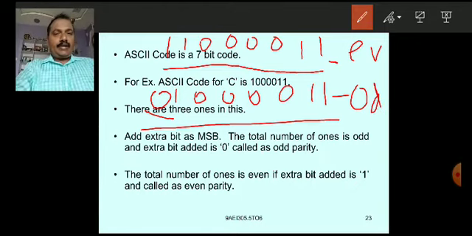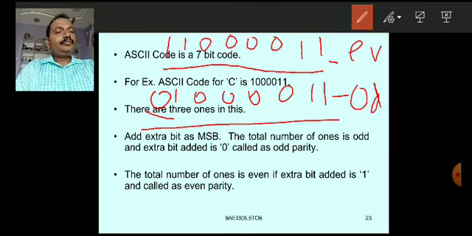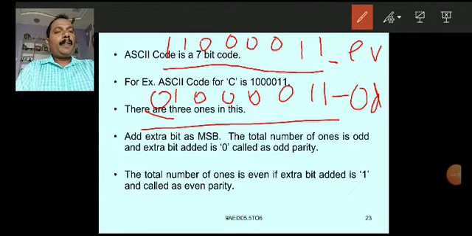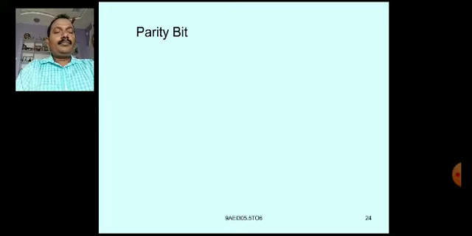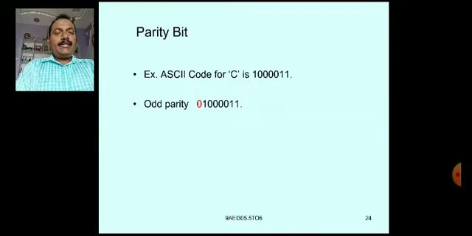So this is the procedure of adding parity bits to the message signal and adopting even parity and odd parity. So like this, parity bit 0 is added for odd parity. For even parity, 1 is added.